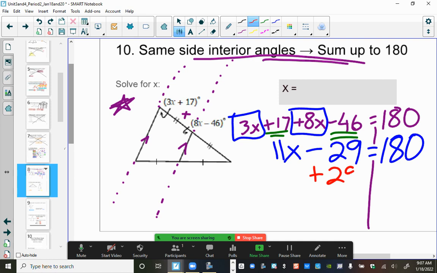That's why we add the 29 to both sides. So 180 plus 29. And again, you have calculators, you are more than welcome to use them. Add them up. What do we get? 180 plus 29 gives us a grand total of 209.